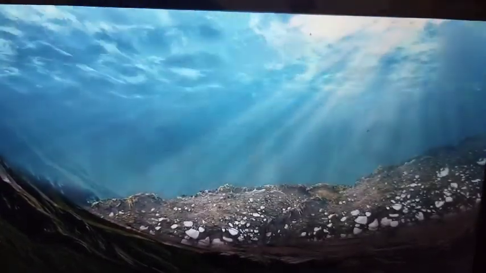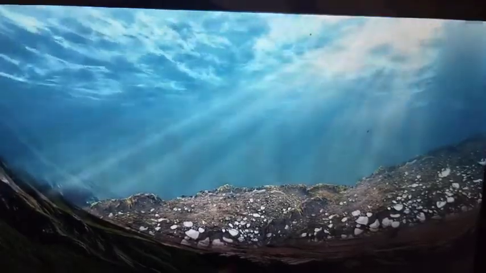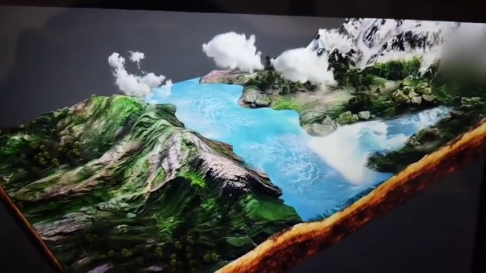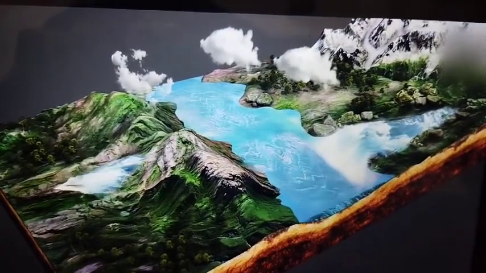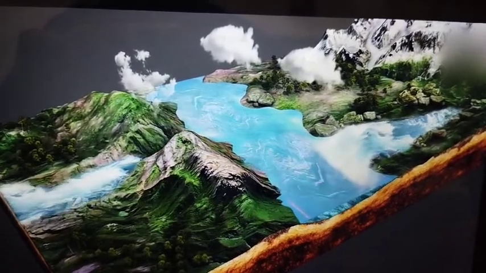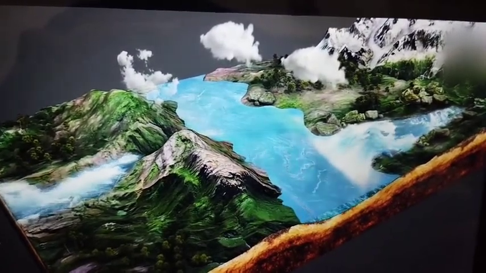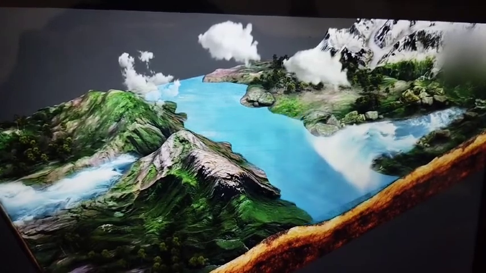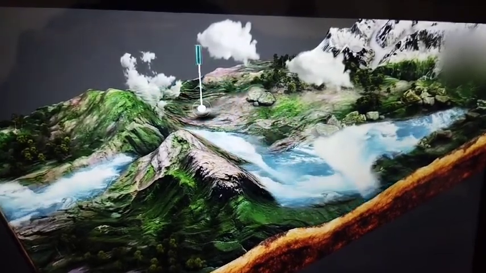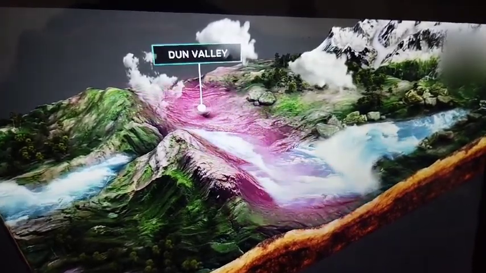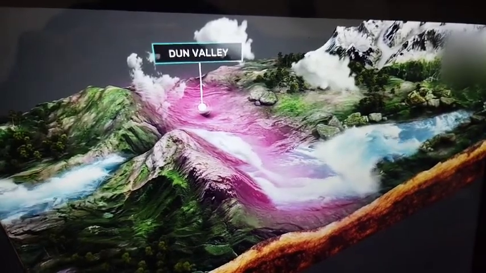Over time, sediments like thick gravel and alluvium will accumulate at the bottom of such lakes.